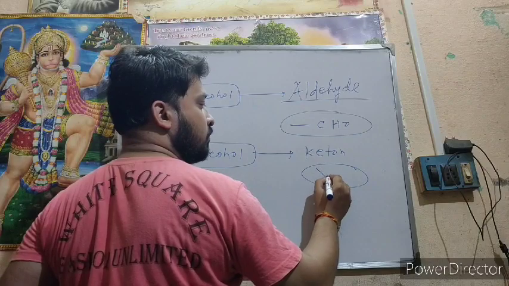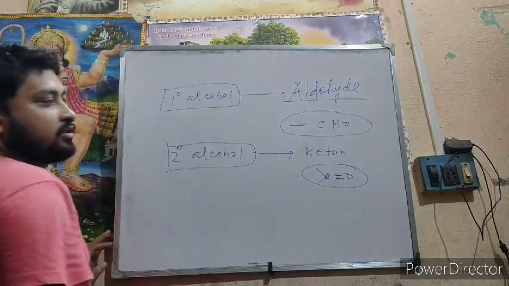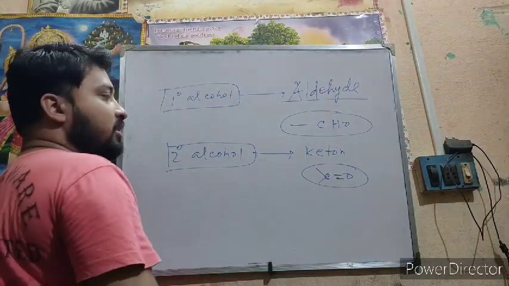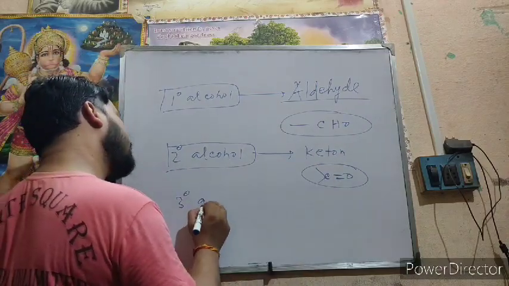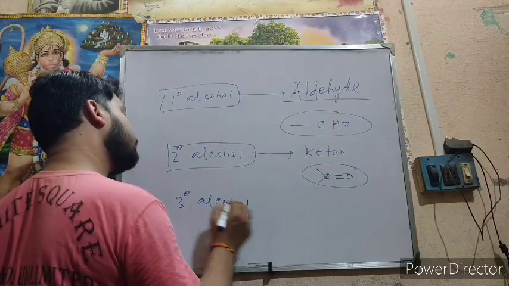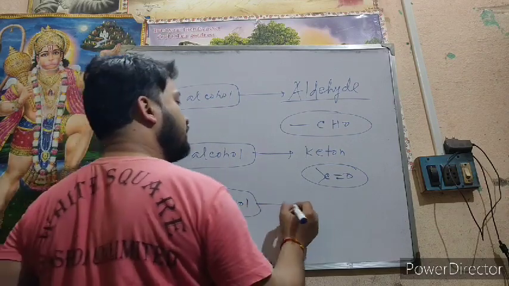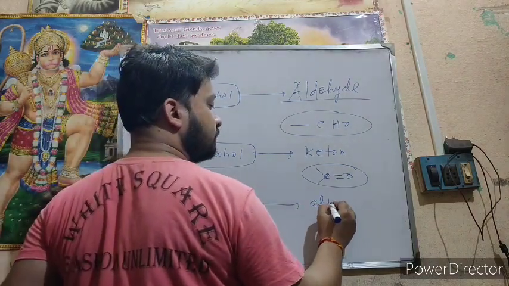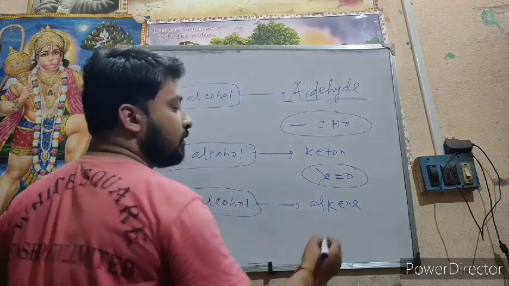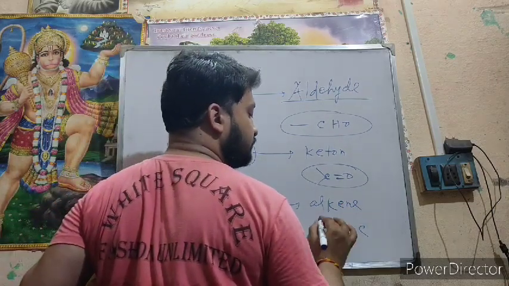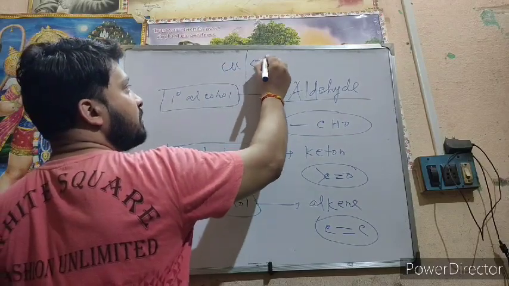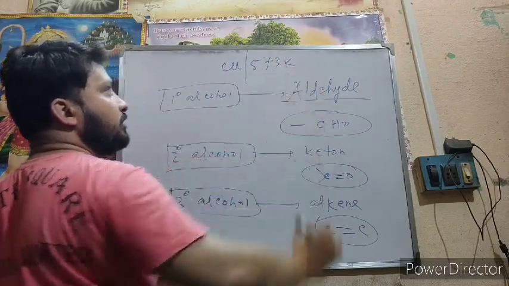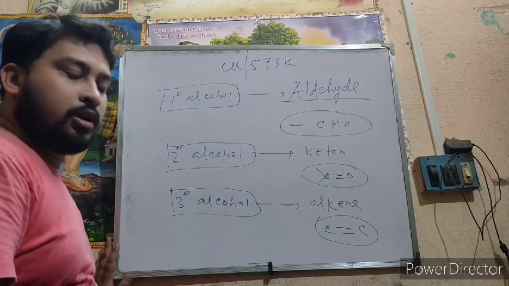Which is ketone? The one that has C double bond O. It is ketone. If you use 3 degree alcohol, it gives you alkene. Which is alkene? The one that has a carbon double bond. This is alkene. If you use copper and 573 Kelvin temperature. Okay.